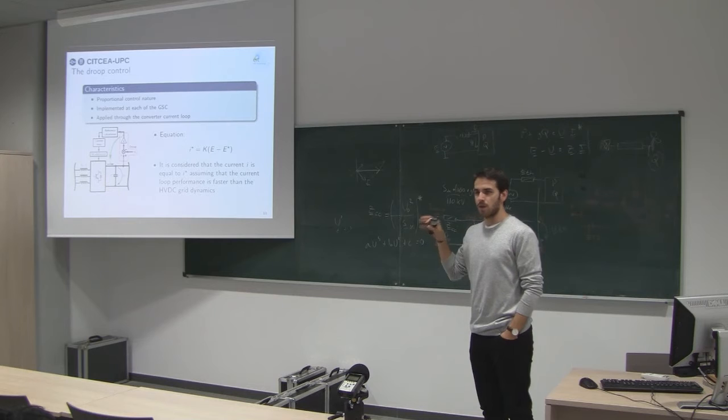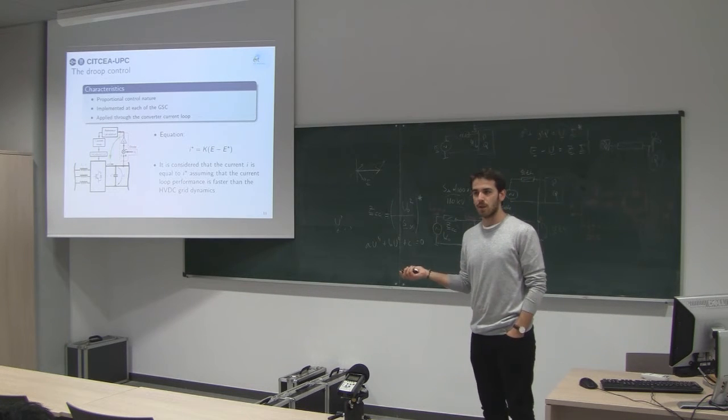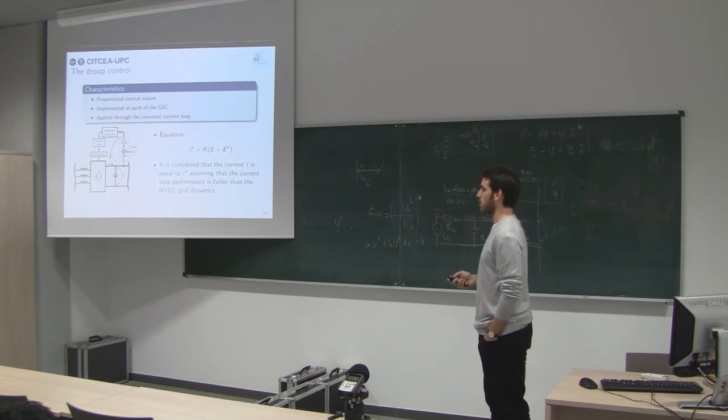I don't know if you have seen how the controllers of the converter are done, but we assume that these are pretty fast and that you can apply the current directly to the grid, simplifying the study for this reason.